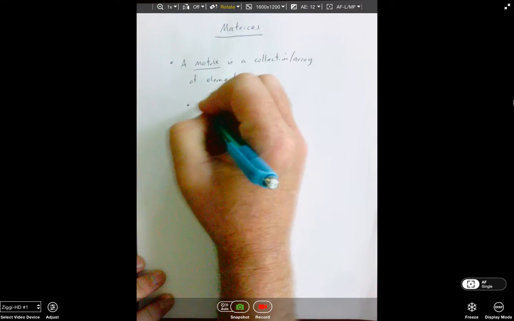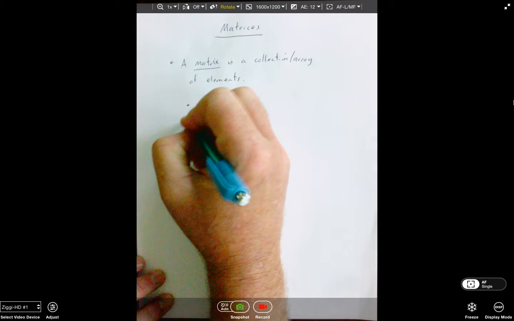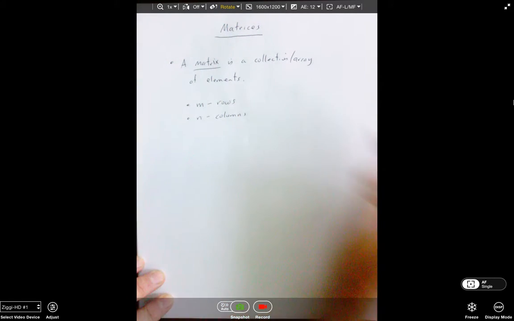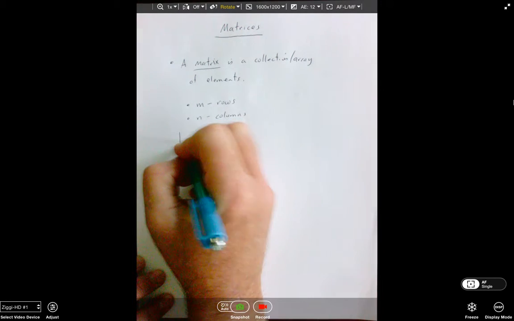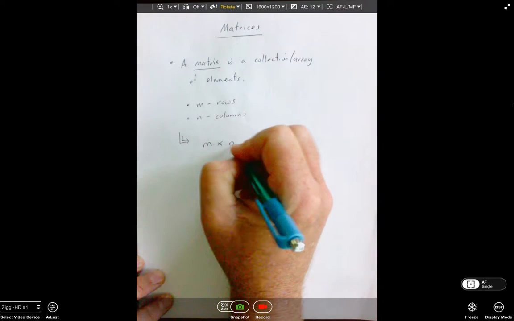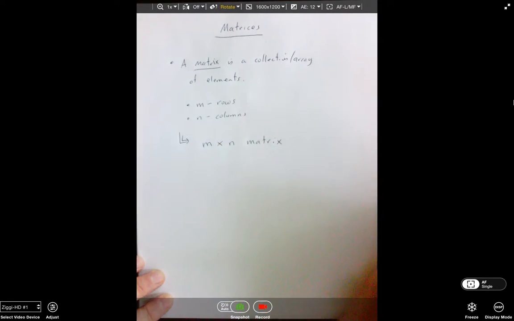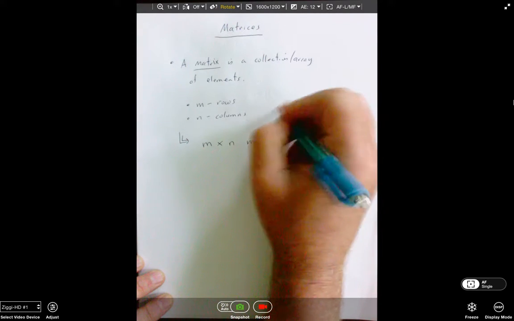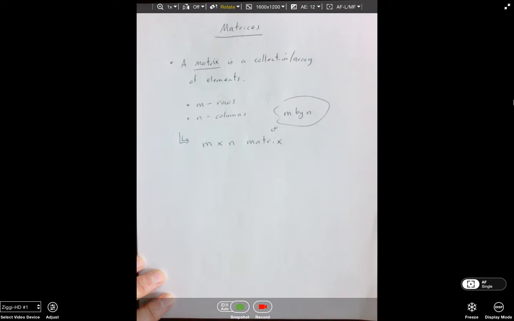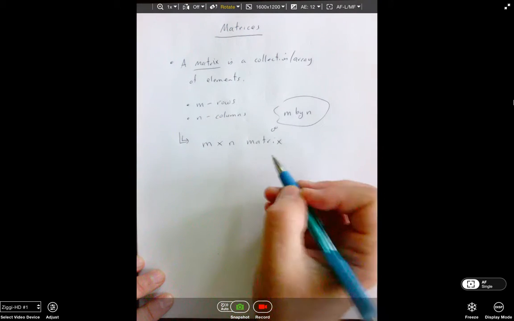These things have m rows and n columns. So from this, what we create is an m by n matrix. And this is pronounced m by n. So when we see that cross right there, that's actually saying by.